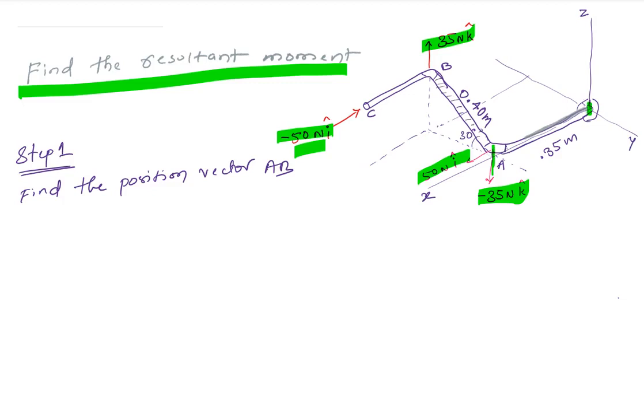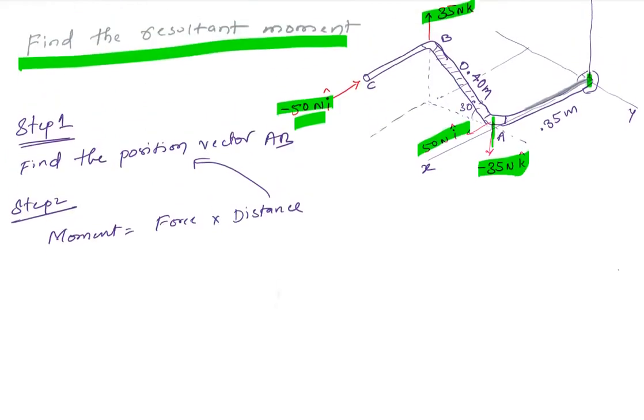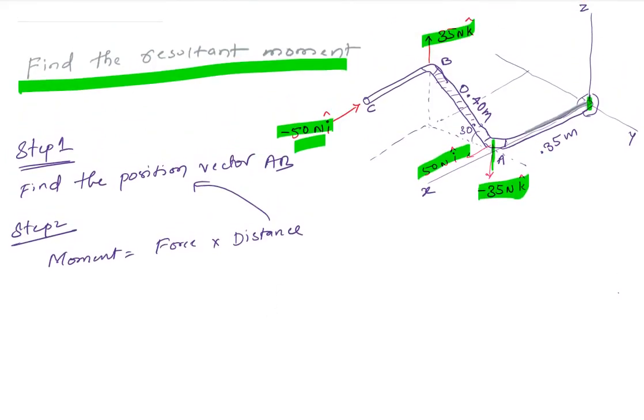So we're going to find a position vector for AB, and then step 2, just multiply the position vector with the force, right? So moment is force times distance, right? This distance being the position vector. Okay, simple.